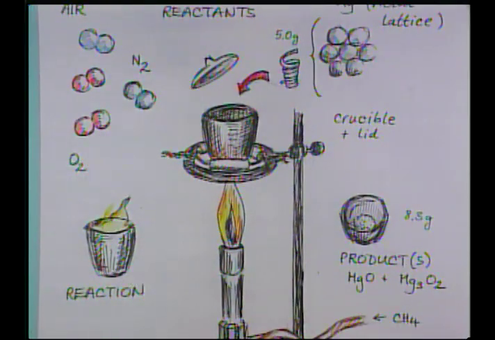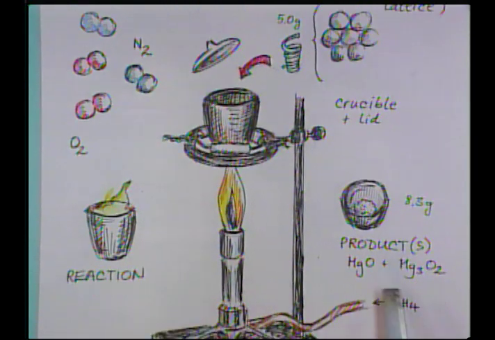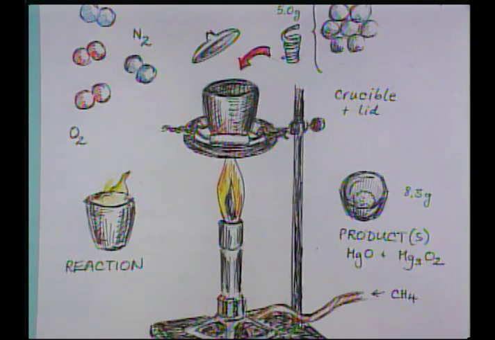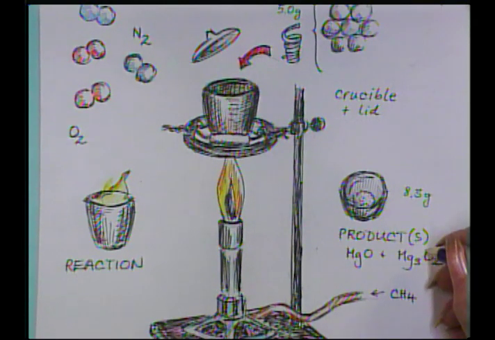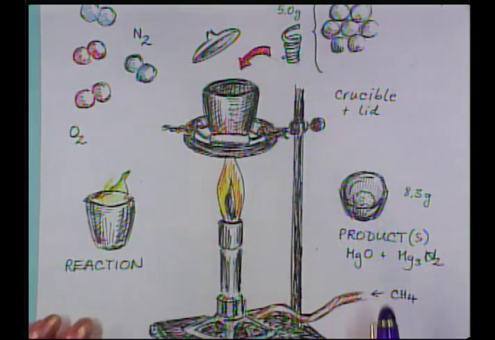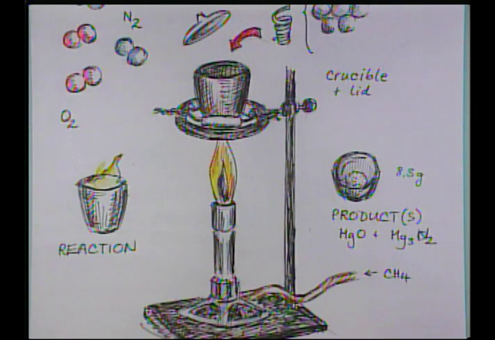And air, of course, contains oxygen and nitrogen, so we get actually two products at first, the magnesium oxide and magnesium nitride that I have to correct here, so it's an N. And the magnesium nitride can be easily destroyed by adding water temporarily. That will break down into magnesium hydroxide that is burned off as magnesium oxide.